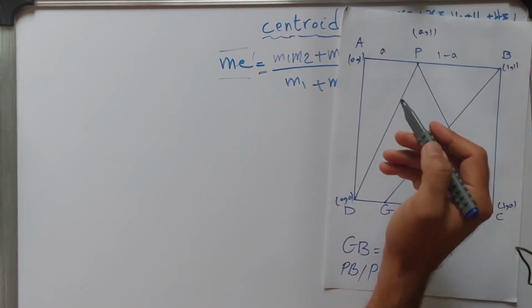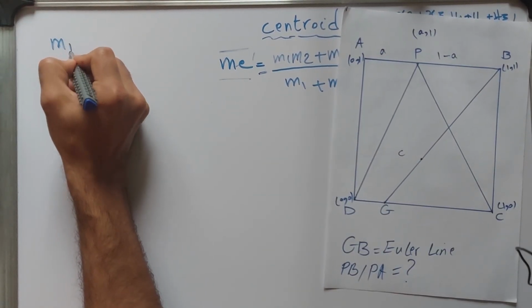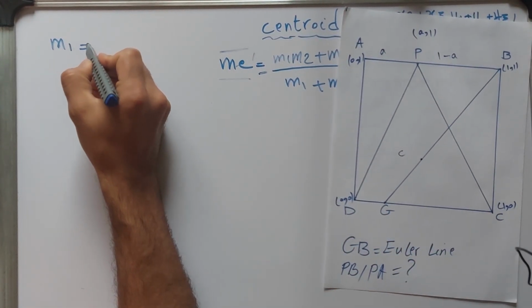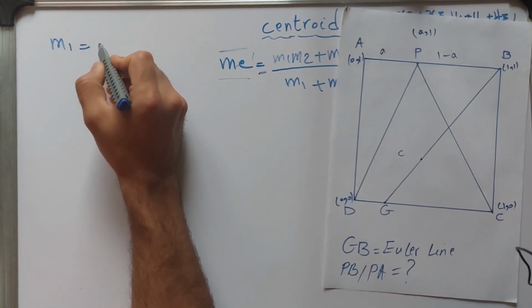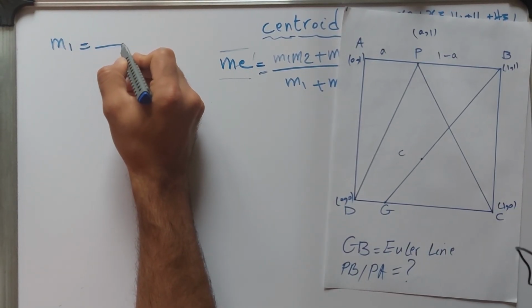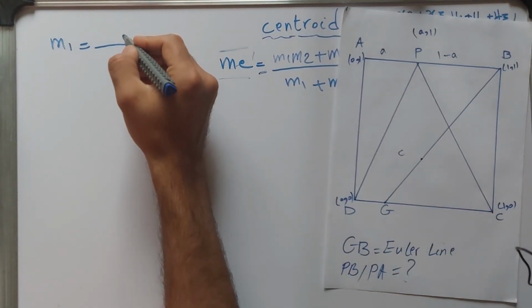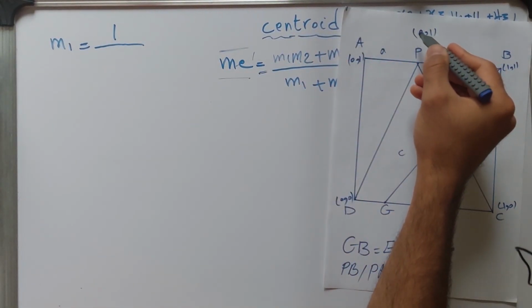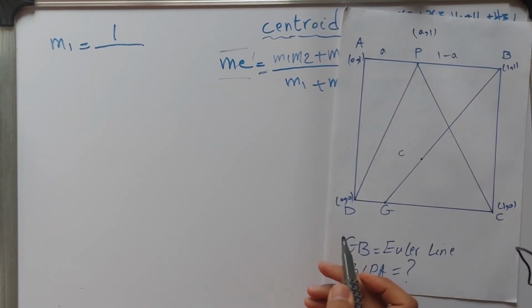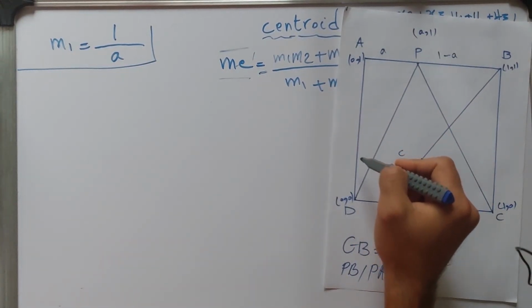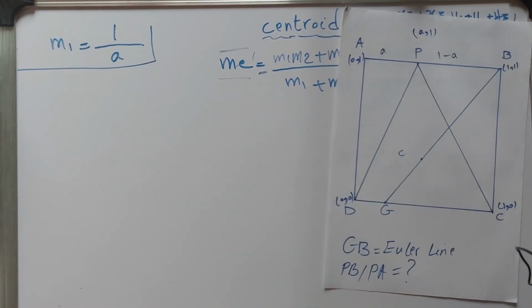So let's just calculate, for example, m sub 1. We have PD, that's the first side of the triangle. So using the 2 coordinates, we can find the slope. That's y sub 2 minus y sub 1, it is just 1, over x sub 2 minus x sub 1. So that's m sub 1, the slope of the first side of the triangle.